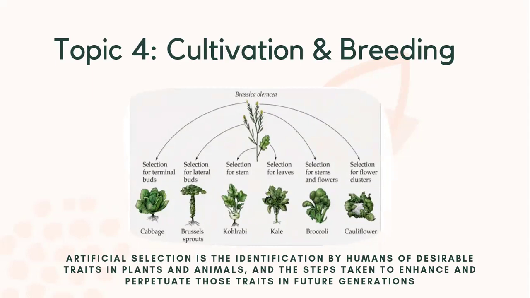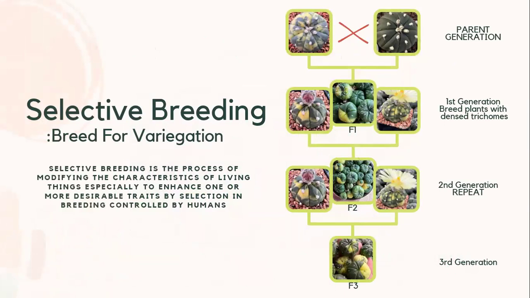With a selection for the terminal bud, we have cabbage. With a selection for leaves, we have kale. It's hard to imagine it all came from one plant, but that's how fascinating selective breeding is. It's the same with Astrophytum asterias. So the selective breeding goes like this.